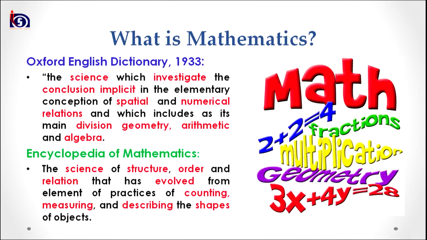The Encyclopedia of Mathematics defines it as a science of structure, order and relation that has evolved from elements of the practice of counting, measuring and describing the shapes of objects.